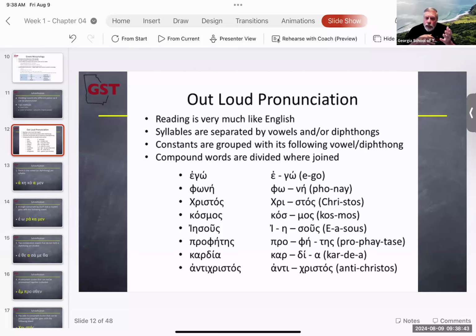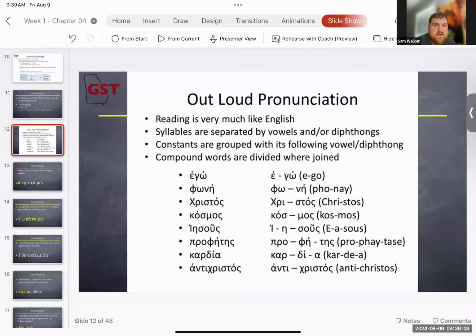The epsilon is a vowel, so it is a standalone syllable, and we'll show why in a minute. The gamma omega is a standalone syllable, and so you get go, ego. We put our accent on the O, ego. So our stress and our accent is on it. What about the next word?